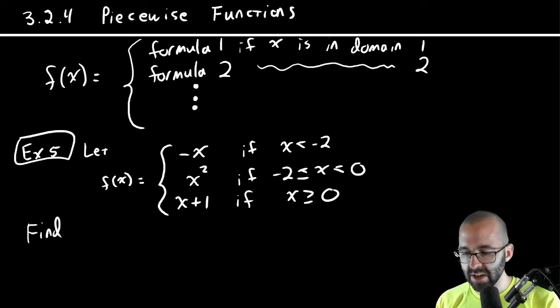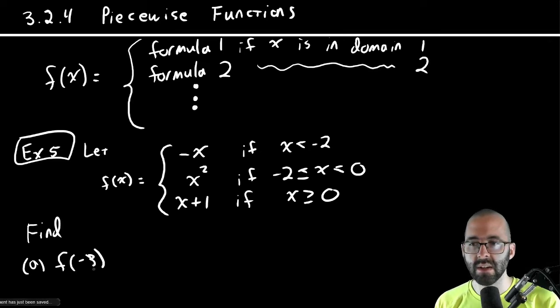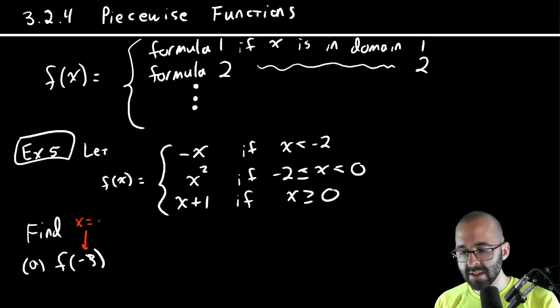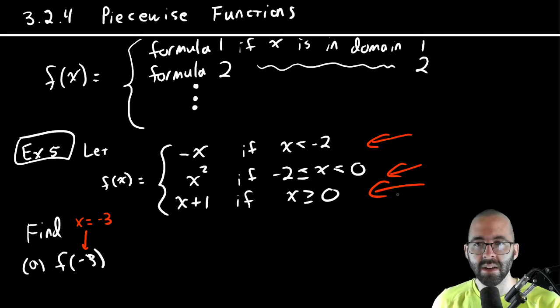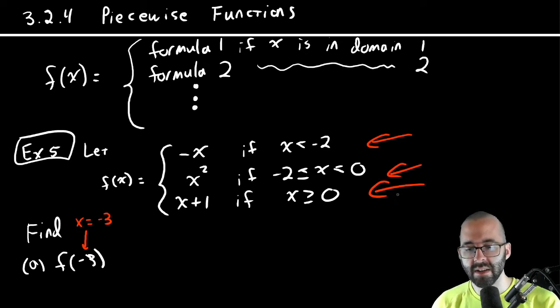So let's find some values. Part A, find f of negative 3. So what's our x value here? Right here, x is negative 3. So which piece do we use? X is negative 3. Which interval does that lie on?